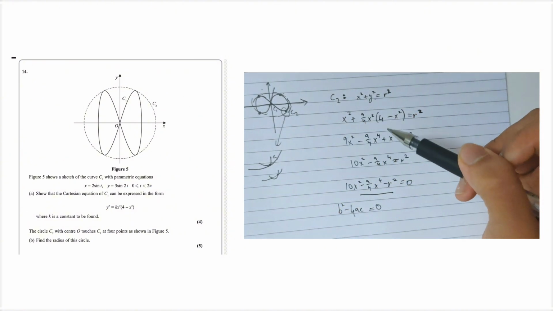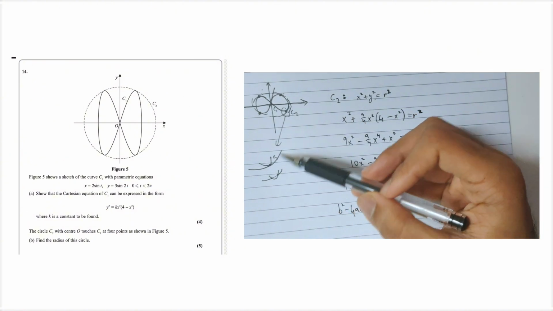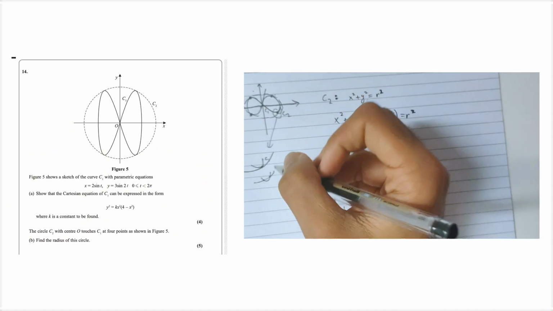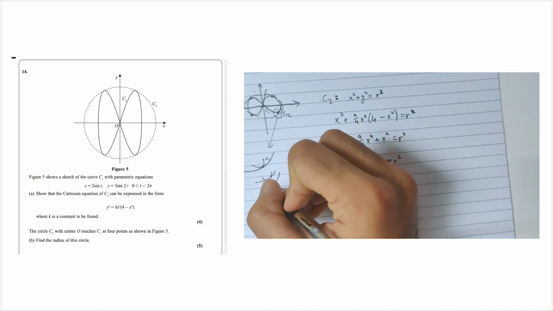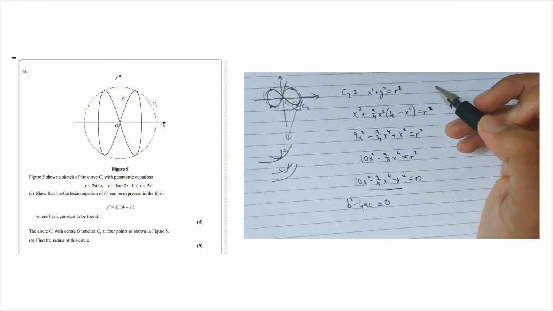Because if it was greater than 0, it would touch more than once, or at more than 4 points. And if it was less than 0, it would not touch at all. So it would go something like that, and not touch C1 at all.